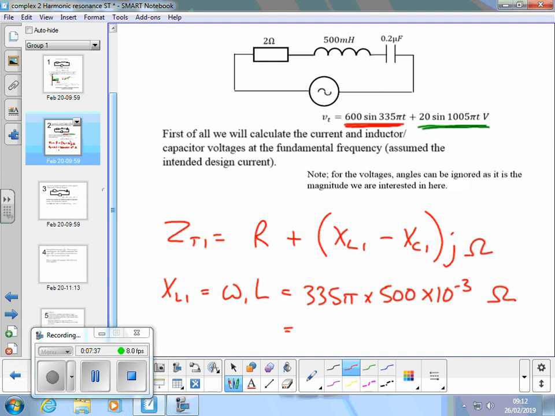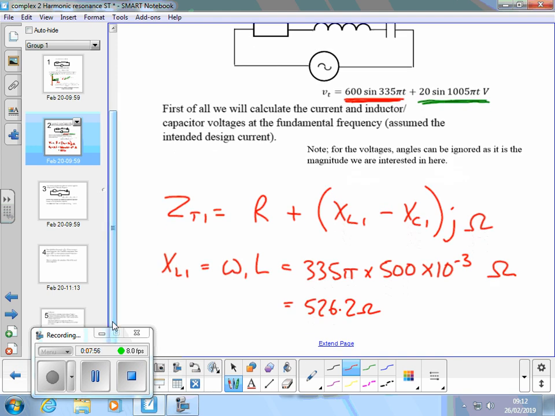Spotted my first deliberate mistake of the term. The half term. I'm testing here. 526.2. Is that rounded to 4 significant figures, Lewis? That isn't exact. I just want to know, that's all. That's not exact, that's rounded. Yeah, that's okay.